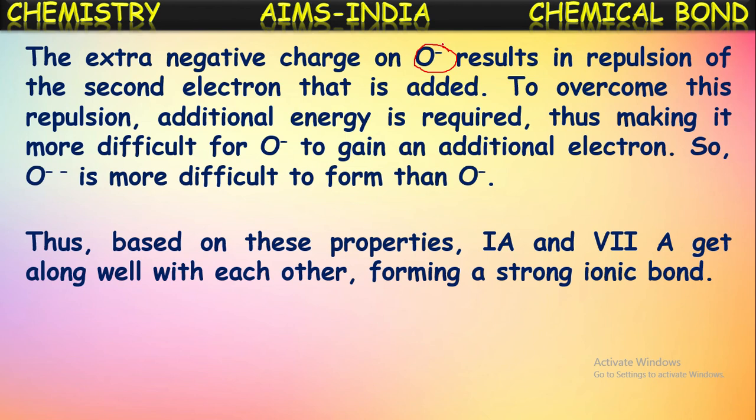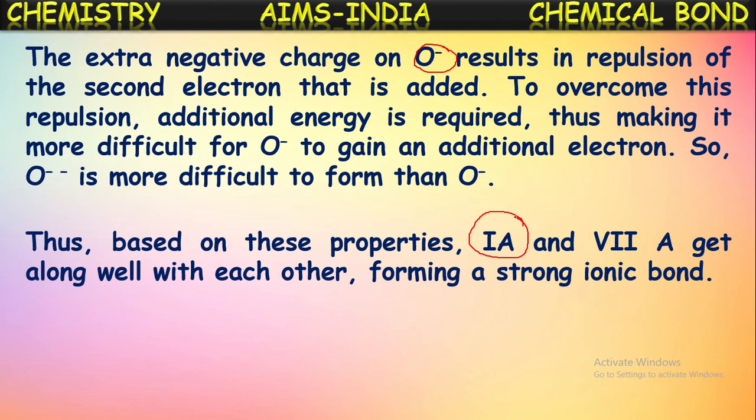What did we say were the features of the donor atoms? They should have the least ionization energy, and they have greater size and lower charge, isn't it? If all these properties are there, that can form a donor or cation very easily. These properties are there for alkali metals or first A group elements.